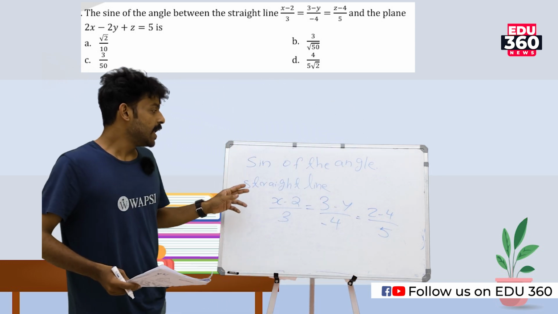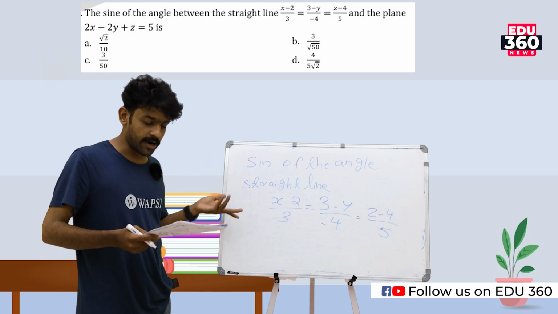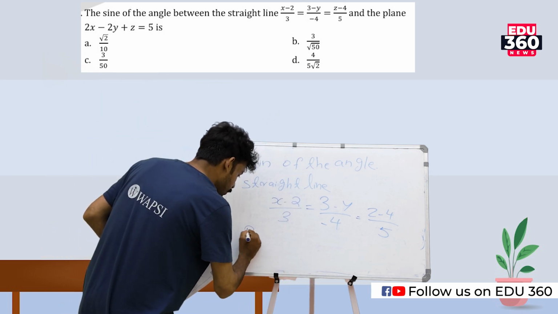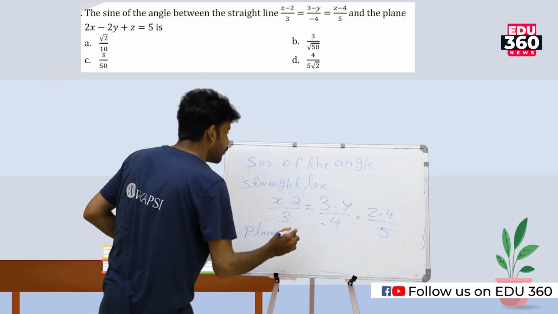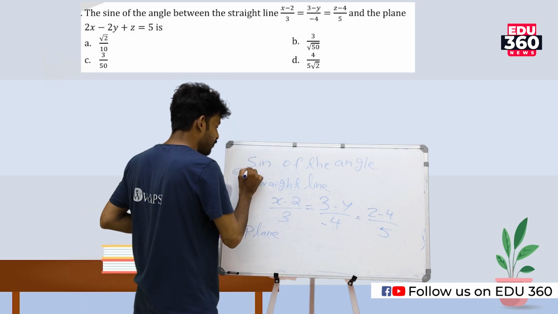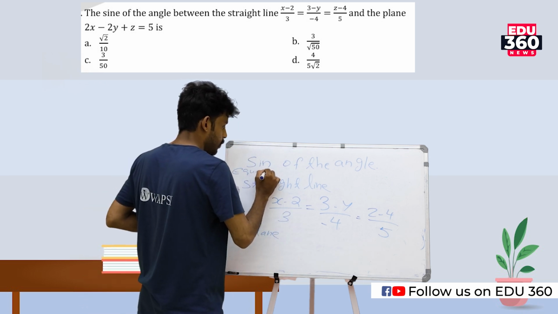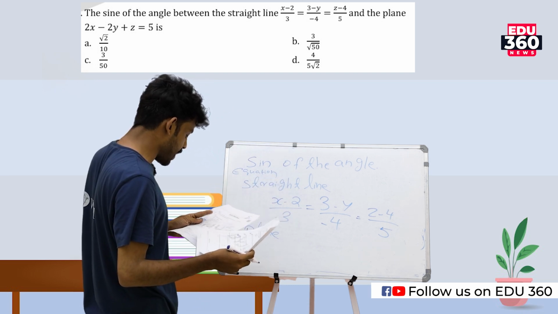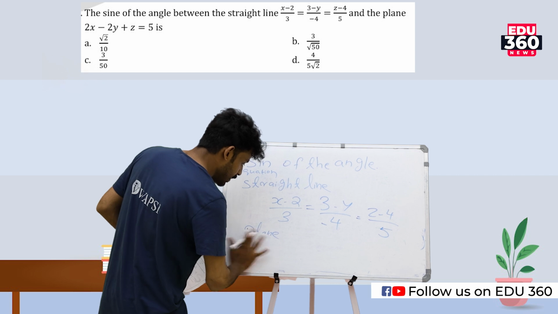So this is the equation of a straight line that is already given in this question, and the next is the equation of the plane. This is the equation of the straight line and this is the equation of the plane.